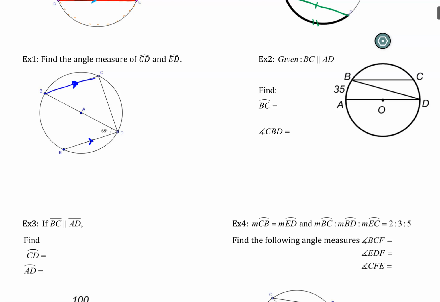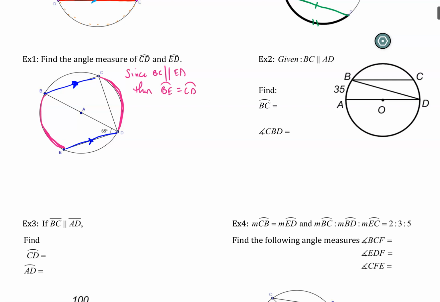Knowing that tells me that my two intercepted arcs, arc BE and arc CD, are going to be congruent to each other. So since BC is parallel to ED, we can conclude that arc BE is equal to arc CD.